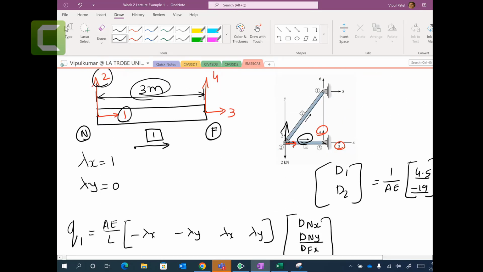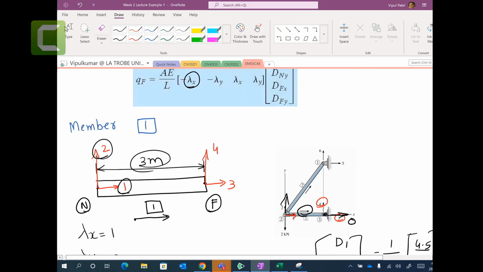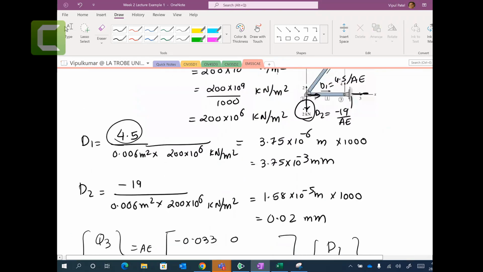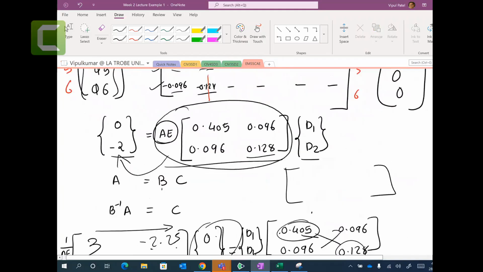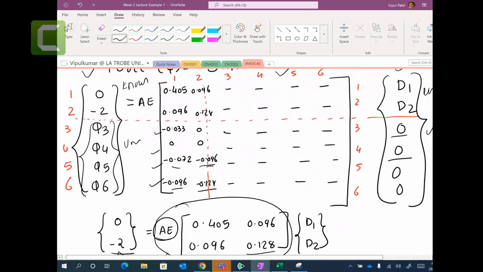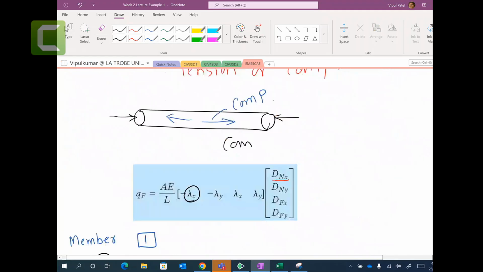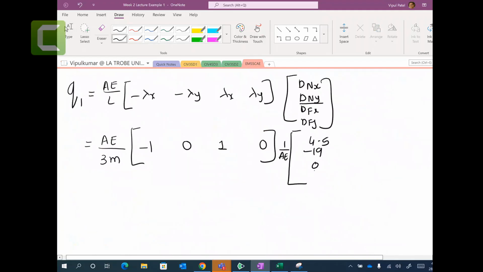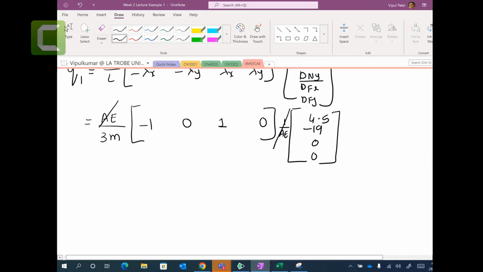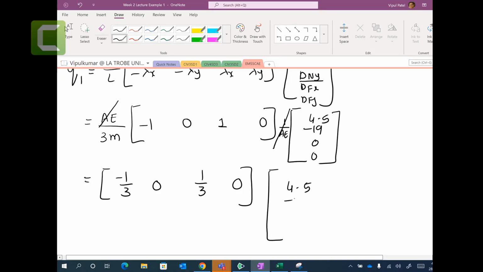Far node, because this is a fixed point, D3 is 0, right? You remember that, right? Here, D3 is 0, D4 is 0, D5 is 0, D6 is 0. Far node, D3 and D4 are 0. Let's cancel this. So minus 1 over 3, 0, 1 over 3, 0, and 4.5, minus 19, 0, 0.